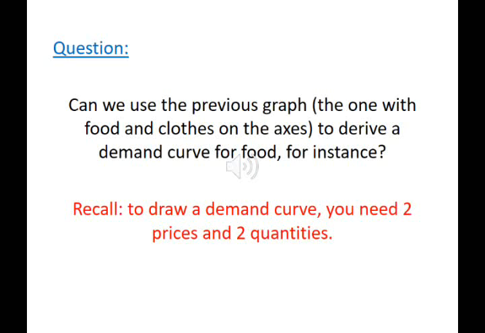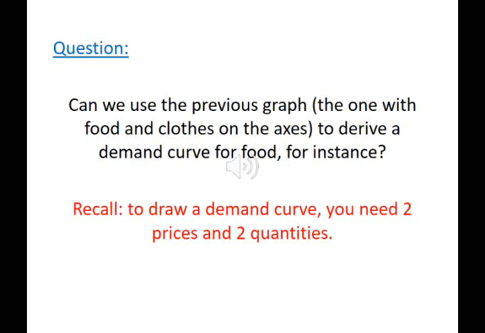And from our previous application, the previous slide, we were talking about a change in the price of food, where initially the price of food was 1.5, and we examined what the new equilibrium would be if the price of food increased to 3. So now, as you can see, we have 2 prices of food: the initial one, which is $1.5, and the new one, which is $3.